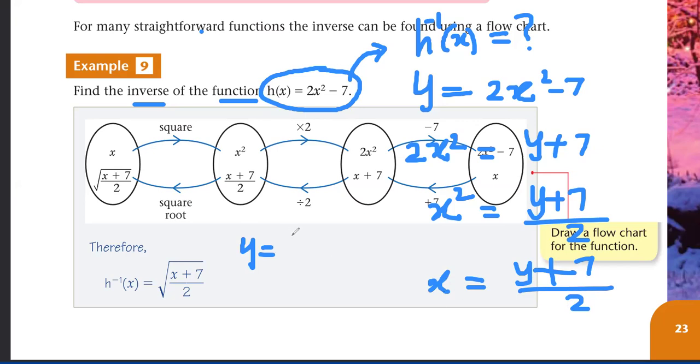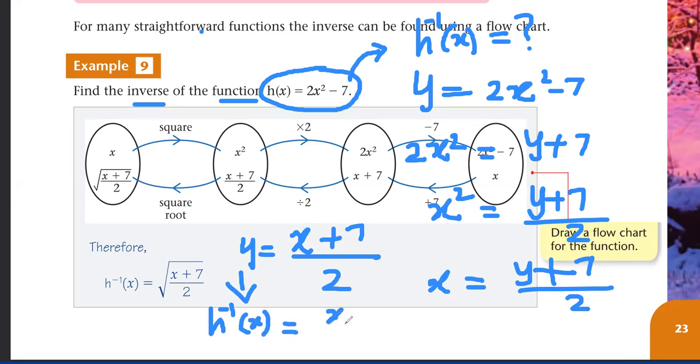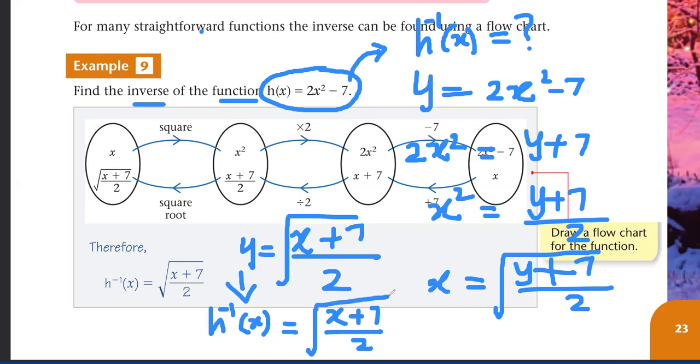Also, we want x instead of y, like this. Then this function is the inverse one. Therefore, we can write the inverse function equals square root of (x plus 7) over 2. This has some problem: x squared equals this one, then x equals square root of this, like this.